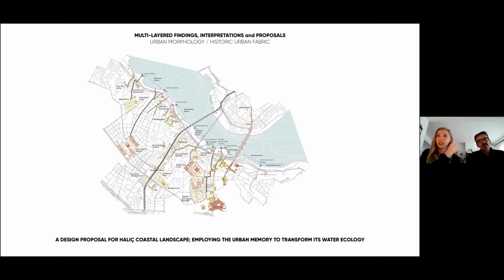So there's a street that is coming down to the gate of the city wall. You get out of the gate and then there's a pier, okay, off the port. So this is the framework. So actually Haliç is full of these streets that are leading to the gates. And there are lots of gates.